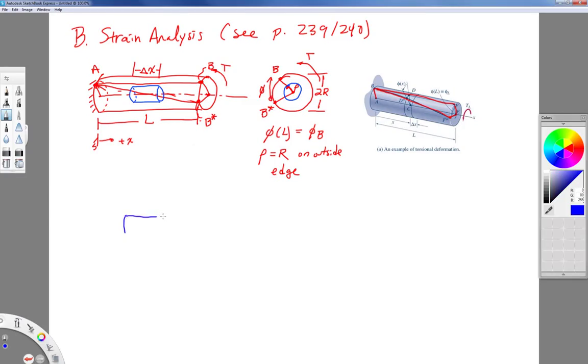Before that bar is loaded, just like we had A and B on the left and right side of my large structure, I'm going to identify a couple points, points C and D, on the left and right side of this small core. So the length of that is delta x. This will be before the torque is applied.